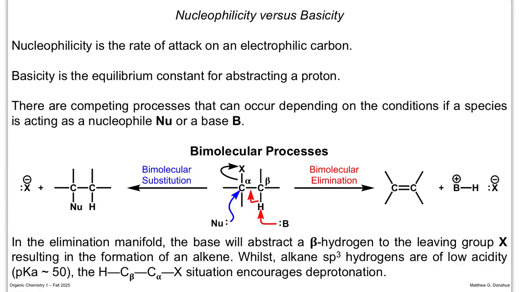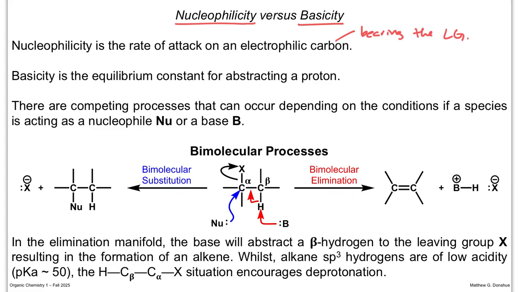So the difference here, again, for the definitions, nucleophilicity is the rate of attack on an electrophilic carbon. So that's a carbon bearing a leaving group. And basicity is abstraction of a hydrogen.